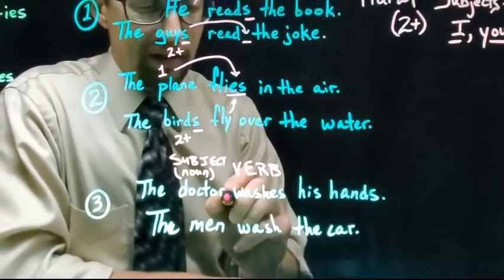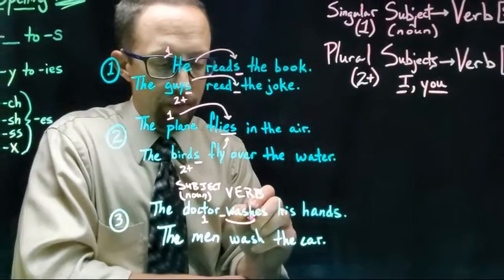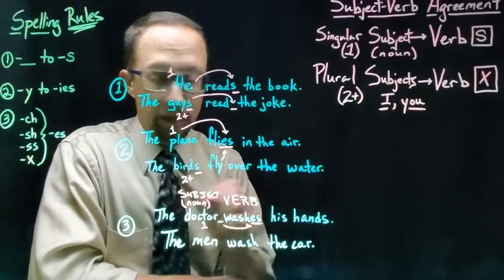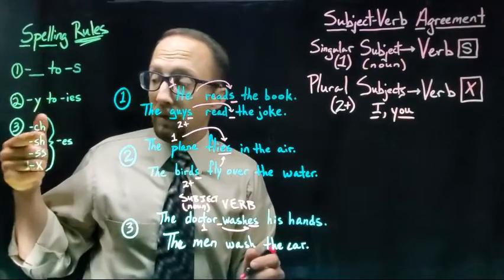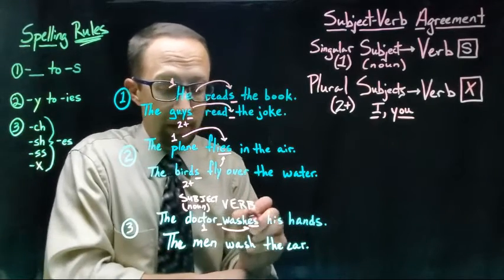And it has no S. There's only one. So we have to add that ES. It could be CH, SS, or X, and you add the ES.